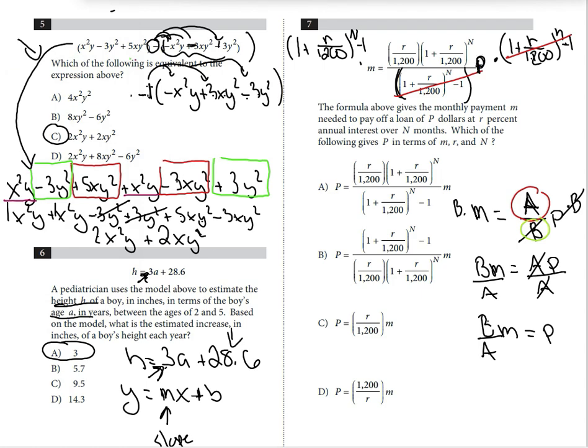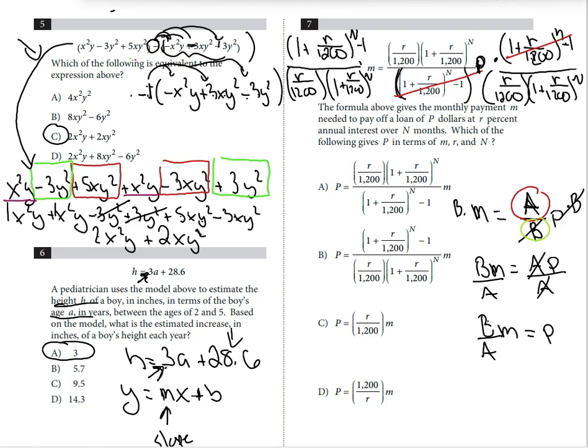Now I've got to take care of this numerator. So now I can divide by this r over 1,200 times 1 plus r over 1,200 to the n power. Okay, I'm going to pause this and just put it over here so you don't have to watch me rewrite it.